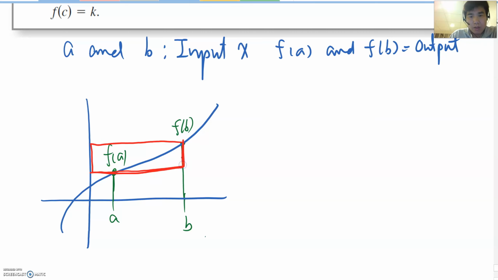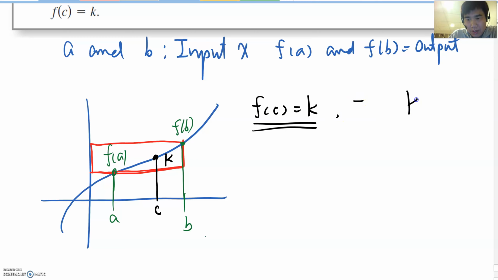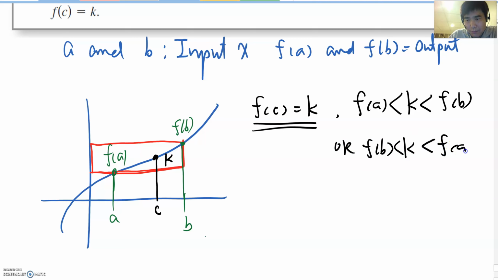Now we can set up another y value such as here. I'm going to say this is k. Then we can say the corresponding c such that f(c) equal to k exists. So the condition is k is between f(a) and f(b), or k is between f(b) and f(a).